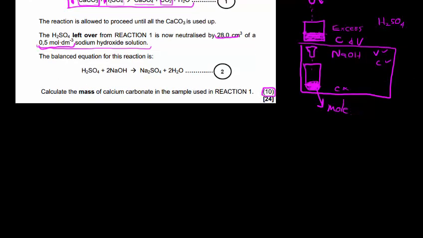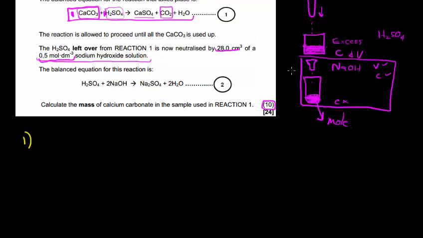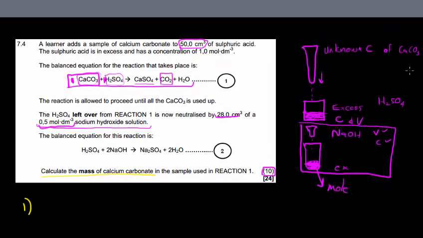Again, we're going to first calculate in this reaction. Just look at what they ask. They ask you for the mass of calcium carbonate. So in the end, they want the mass. We know mass is equal to the moles times the molecular mass.